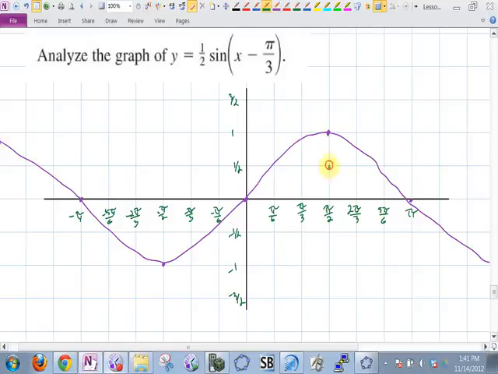Okay? So this is what you'll get when you vertically squash it by 2. And then we want to shift that to the right pi thirds, which is exactly 2 squares, right?